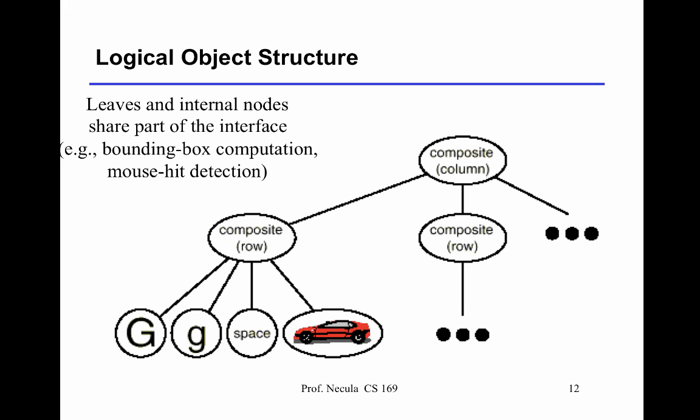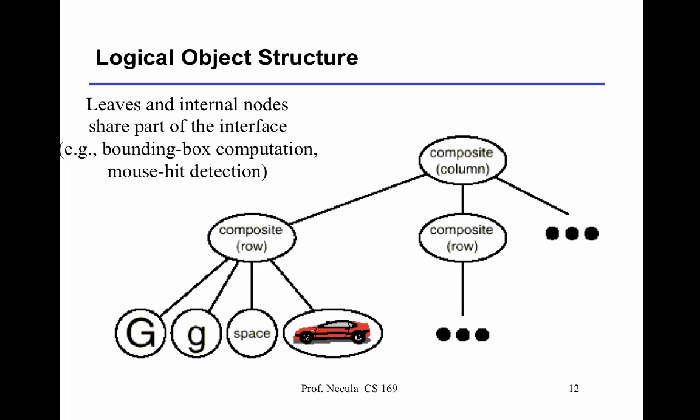Well, I'm kind of sneaking in another requirement in here, conveniently after I asked you to design. There will be some operations that I need to do on these elements that are similar at all levels of the hierarchy. For example, computing a bounding box. I have to be able to invoke a method on this race car and say, tell me what is the extent, width, and height of your window, of your appearance.